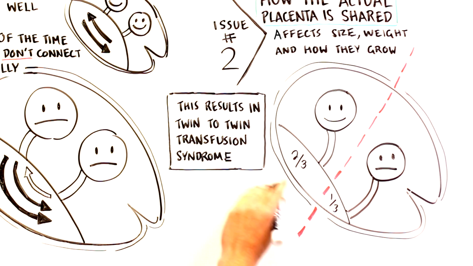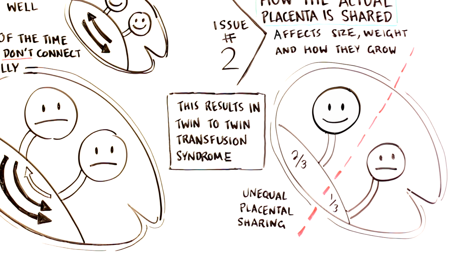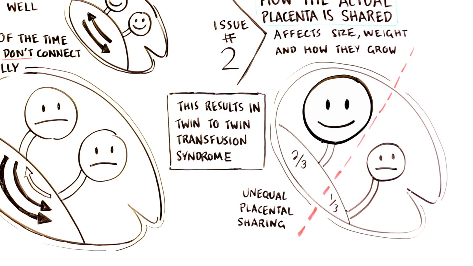This twin pair would end up having unequal sharing of the placenta, where one twin grows well and has everything available to it that it needs, but its twin will be smaller than it should be because it doesn't quite have all the resources it needs. We'll talk about this more in unequal placental sharing.